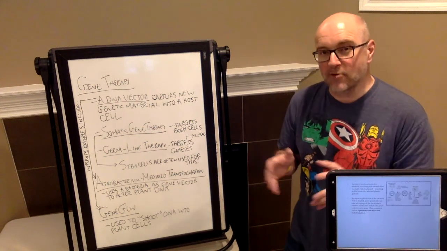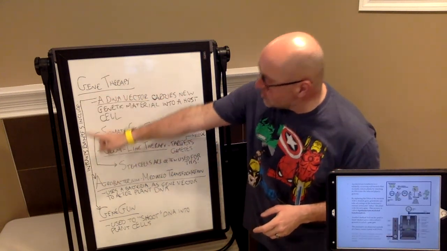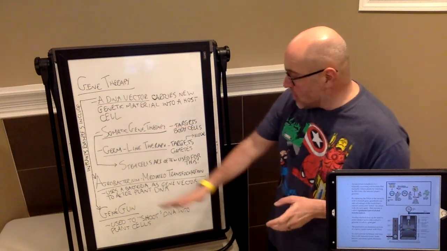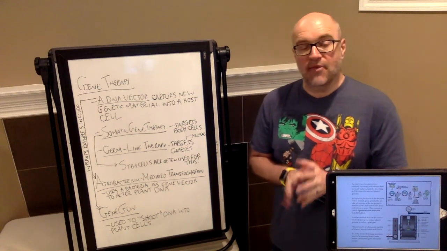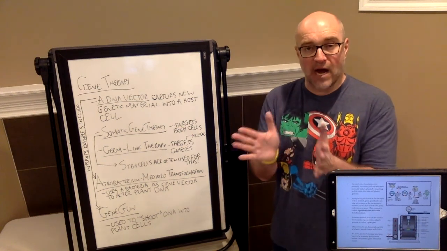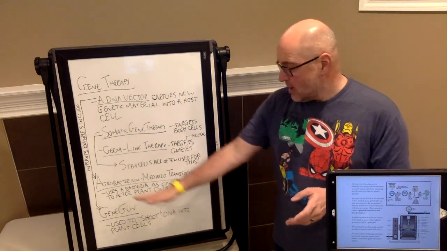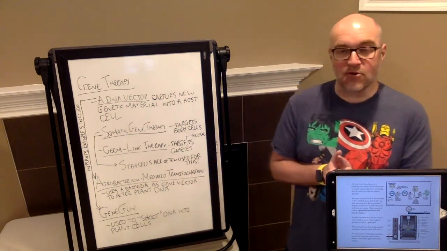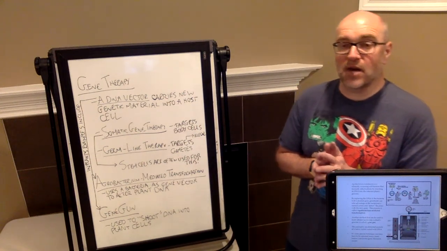A couple of other forms of DNA vectors that can be used. These are kind of cool ones because they're a little different than what we would use in humans. These are DNA vectors that are used in plants. So there's one called agrobacterium-mediated transformation. In that case, the DNA vector is not a virus. It's a bacteria that actually acts as the gene vector and then alters plant DNA. So same idea, it's using a DNA vector, but in this case, it's not a virus.